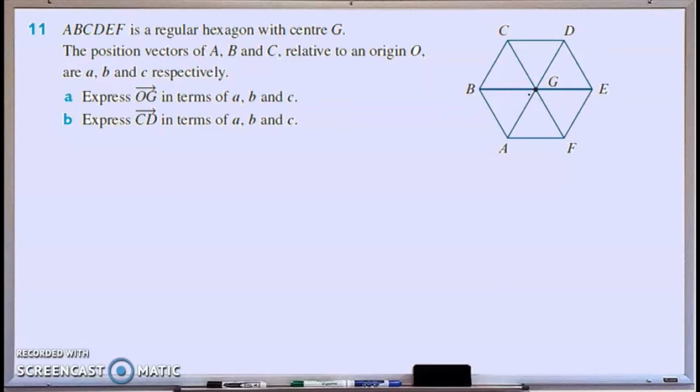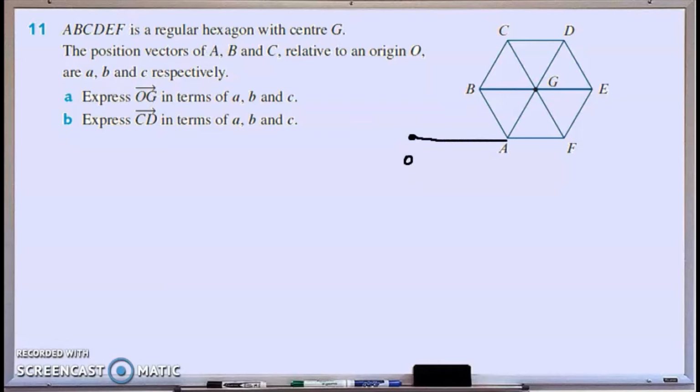But if you created the origin on one of these actual labeled spots, then the amount of work you would need to do to answer this question is less than the correct answer, and therefore an examiner wouldn't give you marks. So I'm just going to pop the origin out here somewhere, and then we will make some vectors relative to A, B, and C.